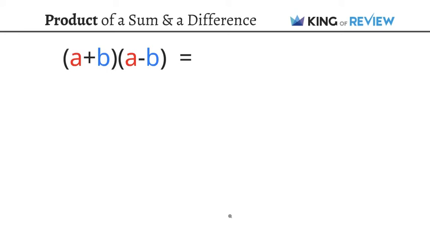We have a very useful shortcut. As you can see here, the first one plus the last one times the first one minus the last one is the first one squared minus the last one squared. Everybody got it? It's easy, right?